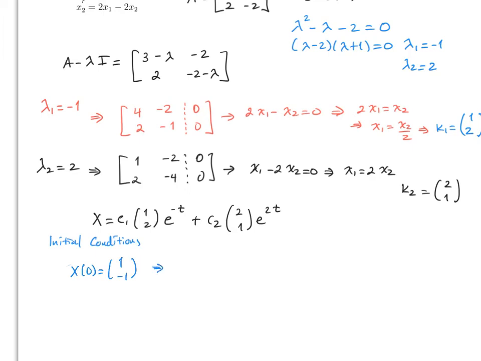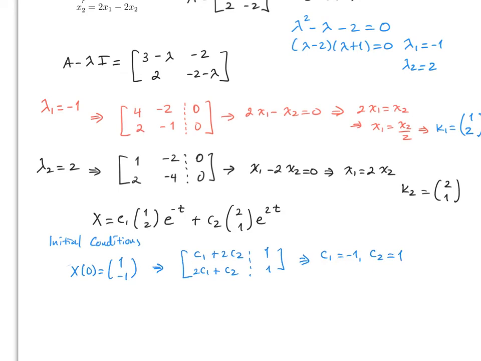Which, if you plug in the initial conditions, it will give you this. This is equivalent to having c1 plus 2c2, and then 2c1 plus c2, equal to 1, 1. And once you solve this, you'll find out that c1 is equal to negative 1, and c2 is equal to 1.